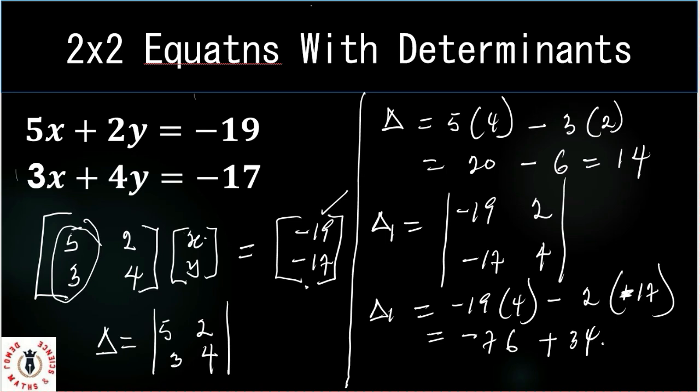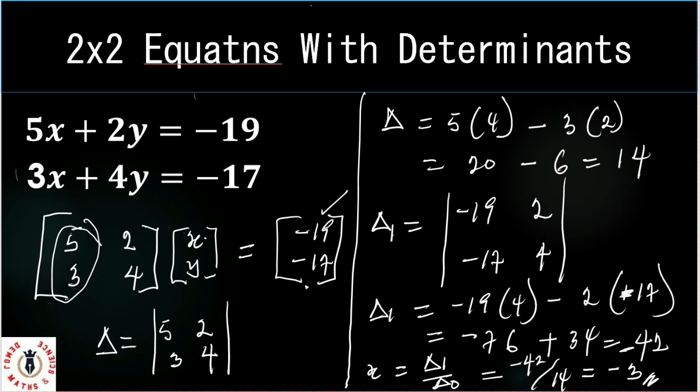So minus 76 plus 34 will be the same thing as minus 42. So x now is the same thing as determinant 1 over the major determinant, delta naught. Now my determinant 1 here is minus 42 over 14. So my x automatically is minus 3.